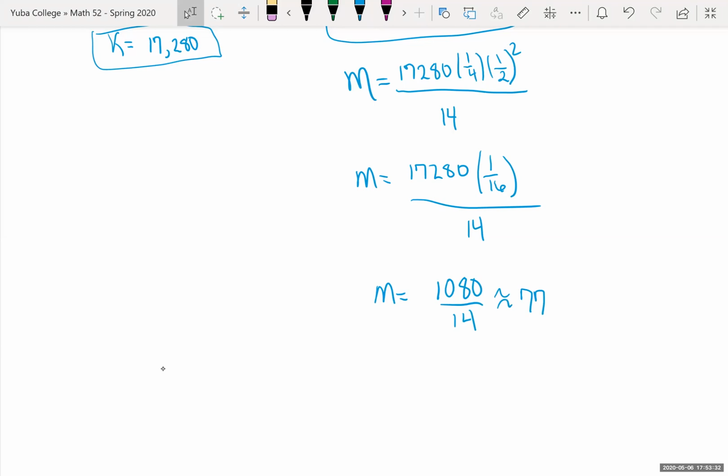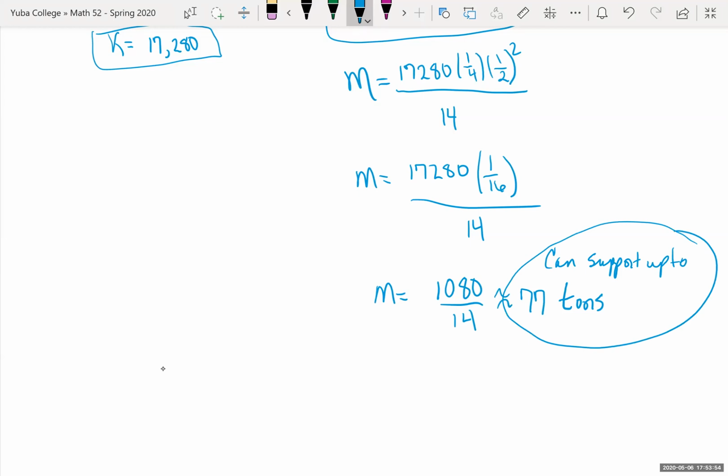And if you looked back, the maximum weight previously was in terms of tons. So we can support up to about 77 tons. Okay.